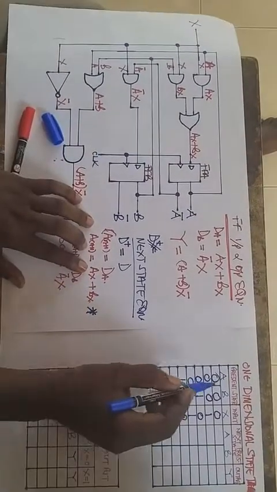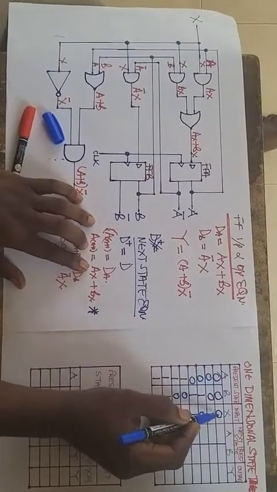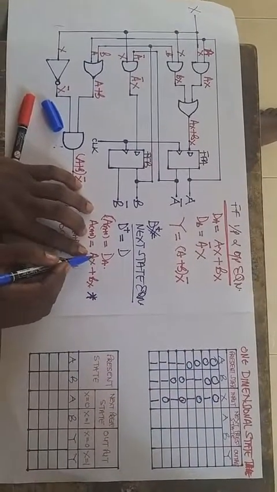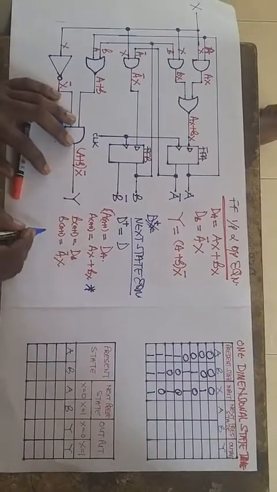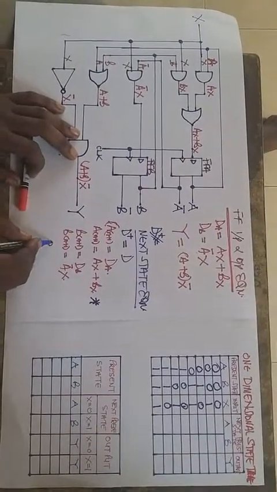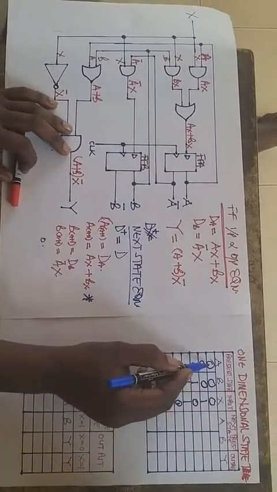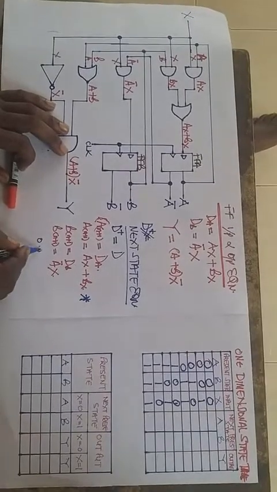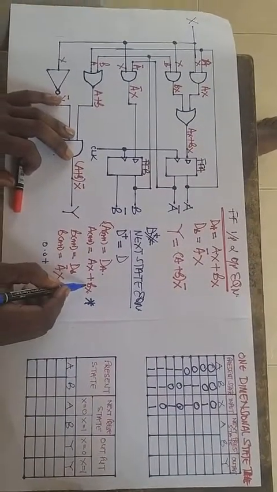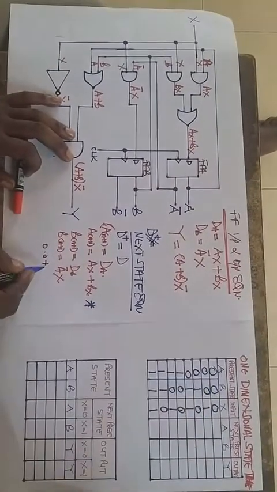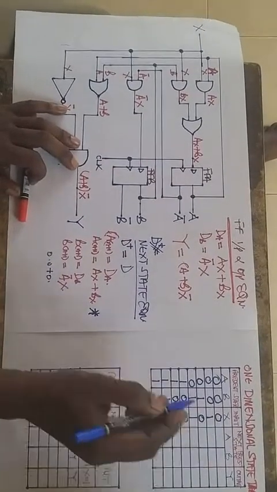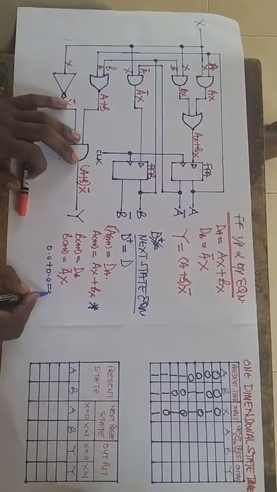So when A is 0 and X is 0, we get A times X, 0 times 0, which is 0, plus B is 0 and X is also 0, equal to 0.